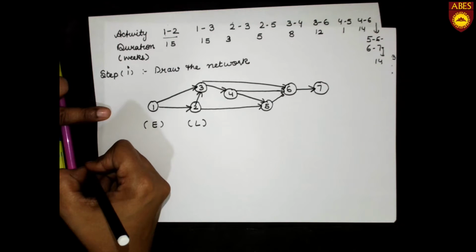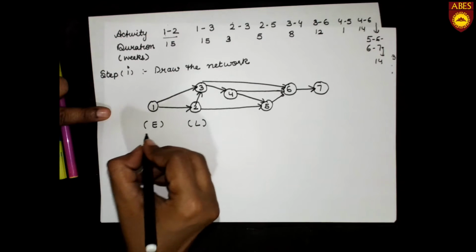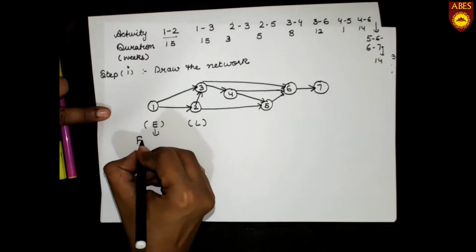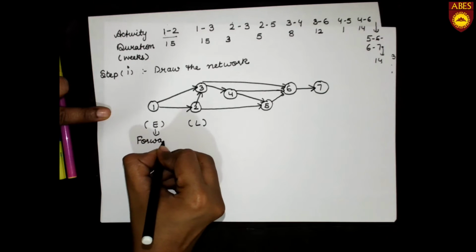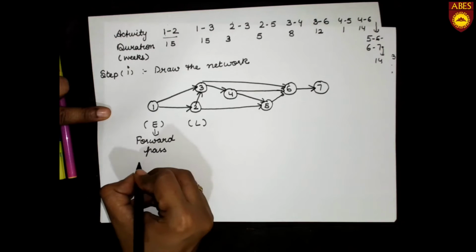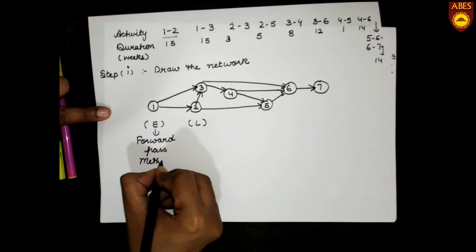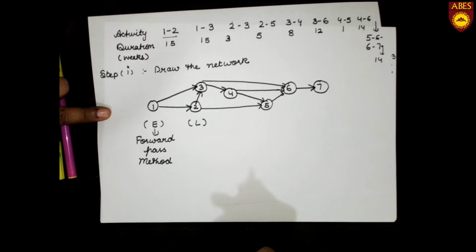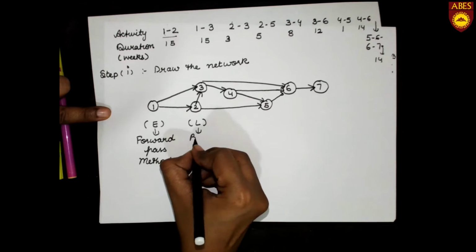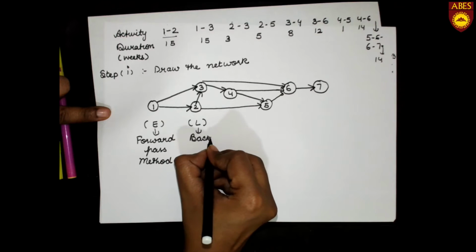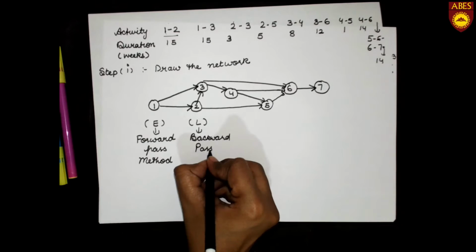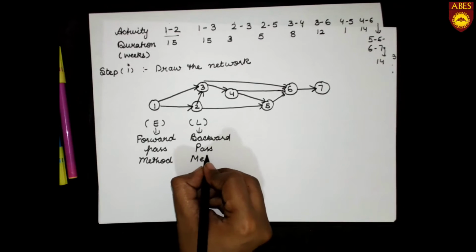So for finding out E, we use the forward pass method, and for finding out L we use the backward pass method.